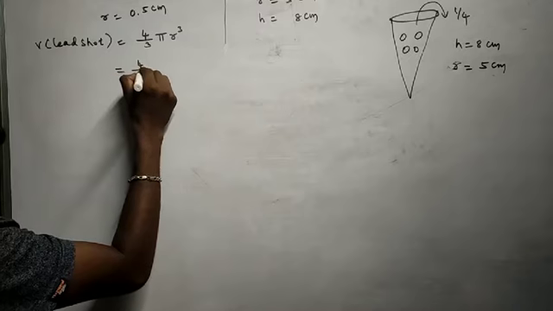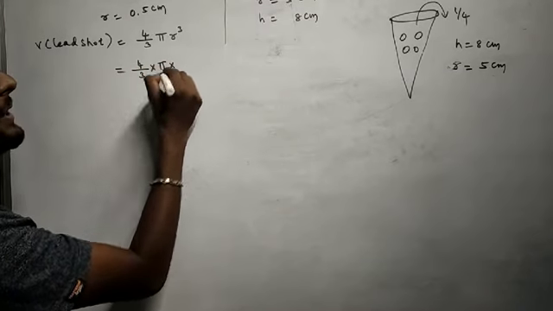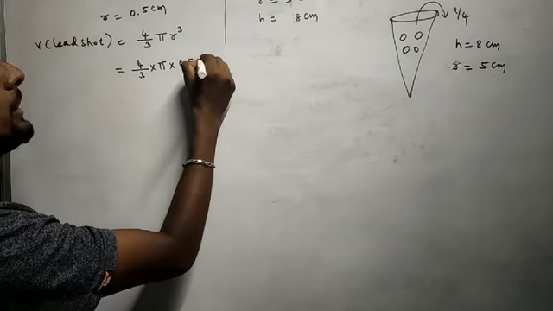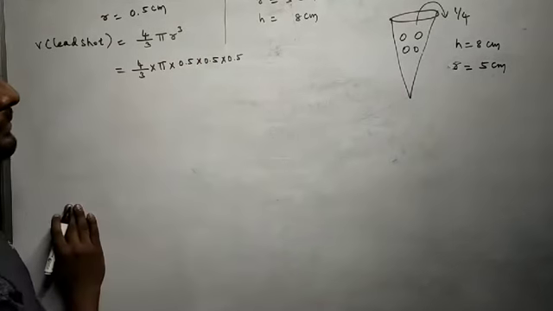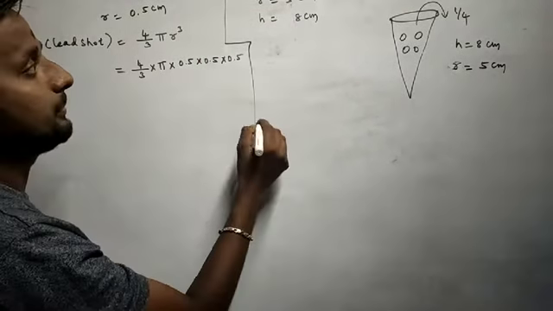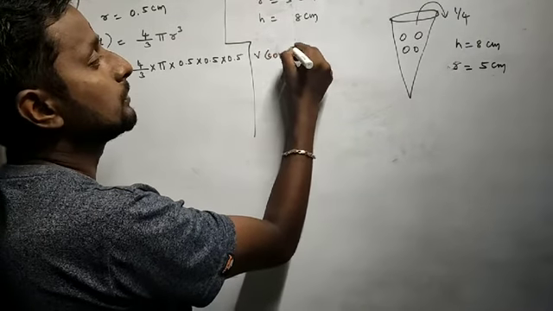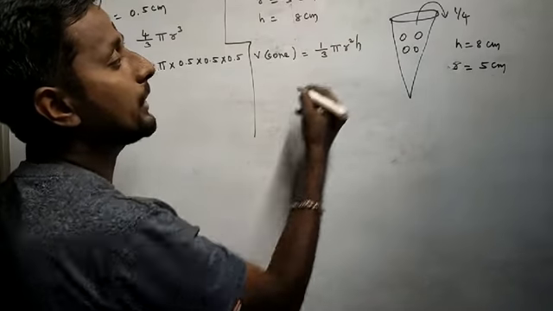So I'll write 4/3 into pi as it is into 0.5 into 0.5 into 0.5. Correct? Next, volume of the cone. Formula 1/3 pi r square h.